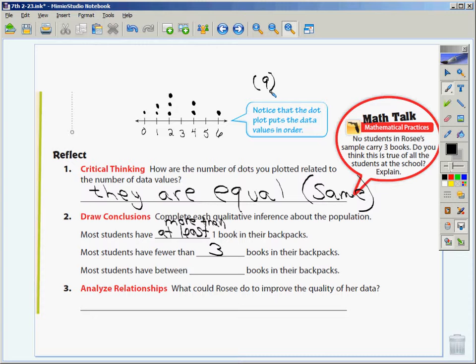So to be most, it's got to be at least what? At least 5. So I could say 1 and 2, there's 5. I could say 2 and 4, but I certainly can say what? 1 and 4, right? Most people have between 1 and 4.